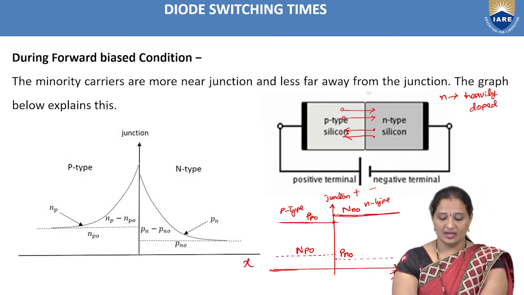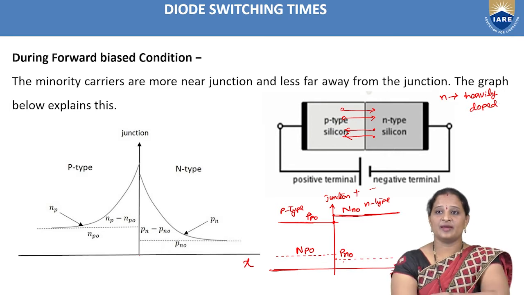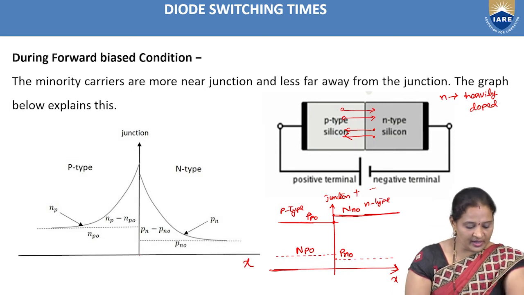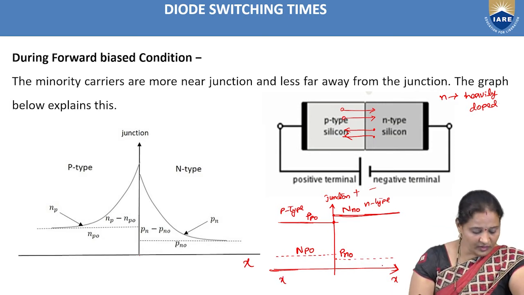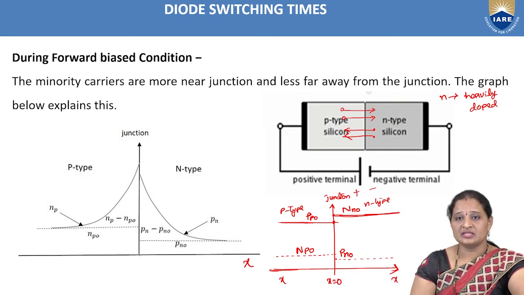So this is the distribution of carrier concentration in a p-n junction diode under equilibrium condition. Now let us consider this junction as x equals 0.